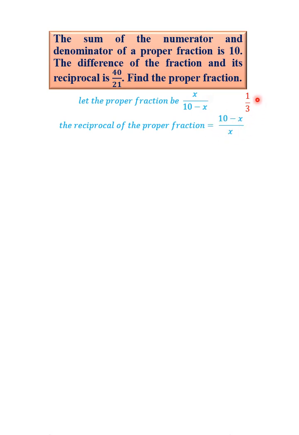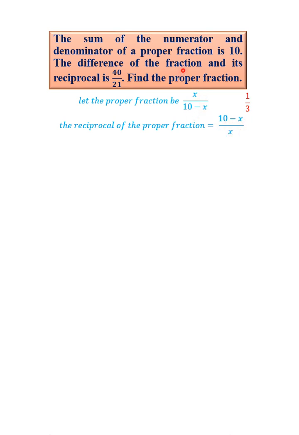Take note, if a proper fraction is given as 1 all over 3, the inverse of that fraction becomes 3 all over 1. What it means is that it forms an improper fraction that is now greater than the proper fraction. It means 10 minus x over x is greater than x all over 10 minus x.